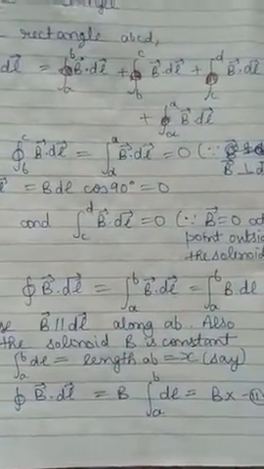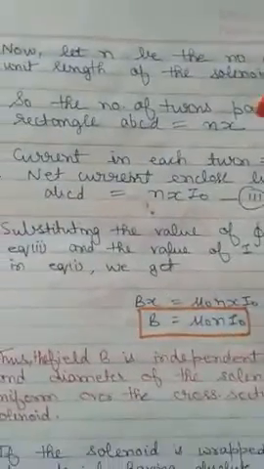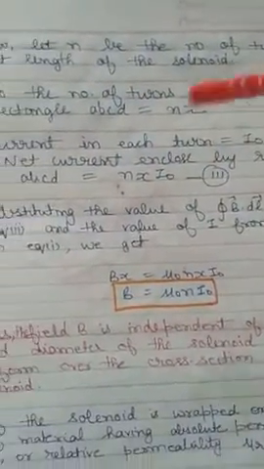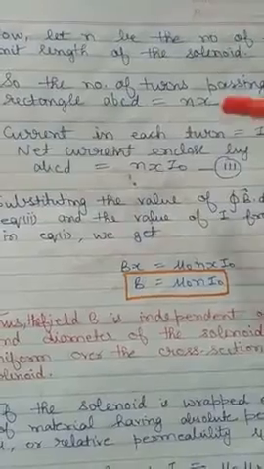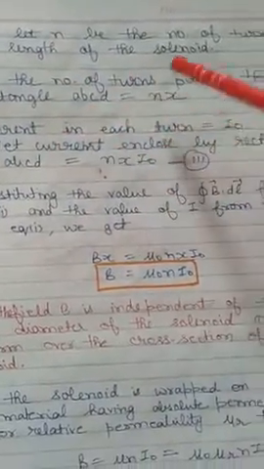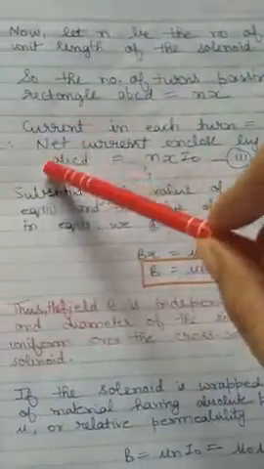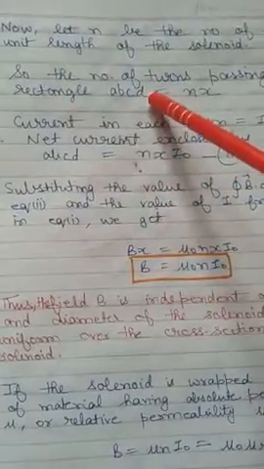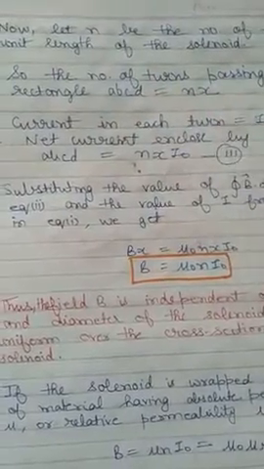Now if we take that there are n number of turns of the solenoid, then the number of turns passing through the rectangle ABCD will be equal to n into x.